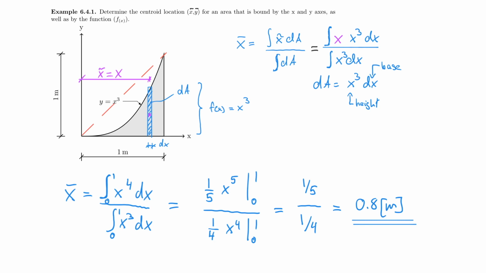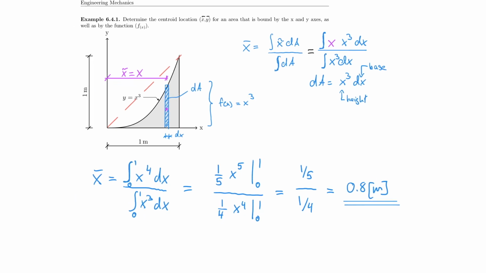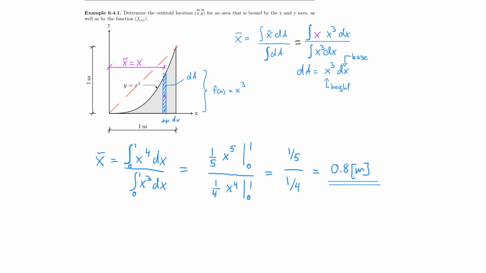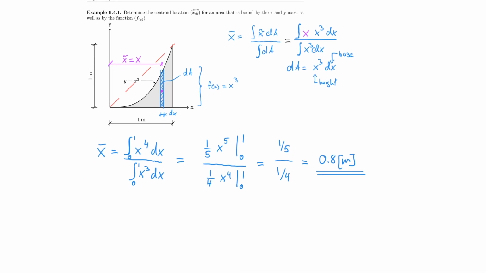Now it's time to solve y bar. I encourage you to do this and pause the video for a second, but I will move on and solve it for you. So what is y bar again? Y bar is equal to the integral of y tilde dA divided by the integral of dA. And now the only thing that's different is my y tilde.